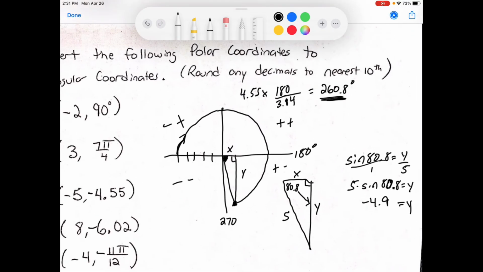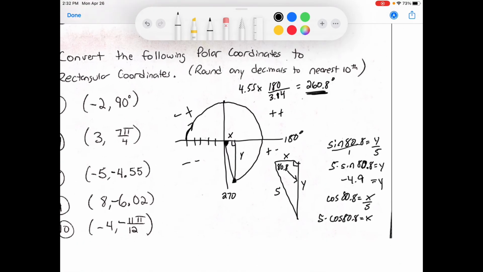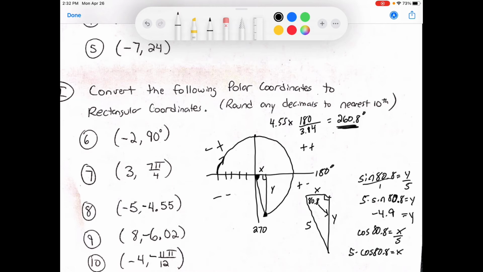The x part, I'm going to use cosine. So cosine 80.8 equals x over 5. So 5 times cosine 80.8 is going to be my x part of my coordinate. 5 times cosine 80.8, I get 0.79, or we can just say 0.8.